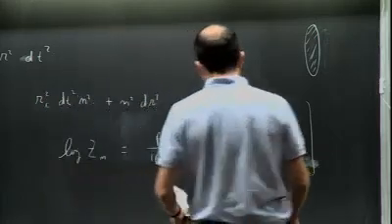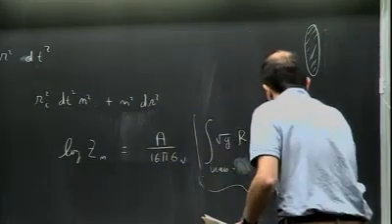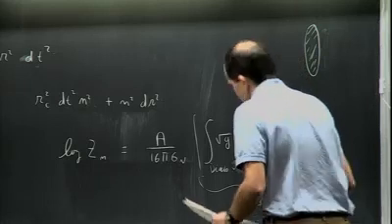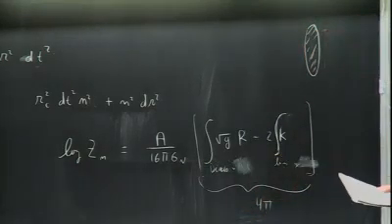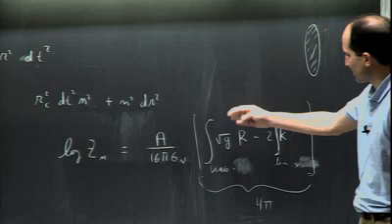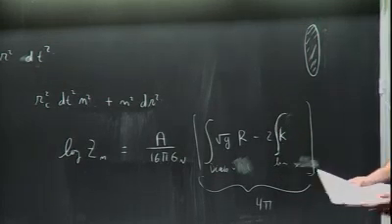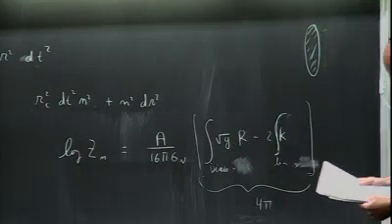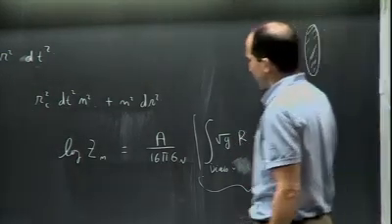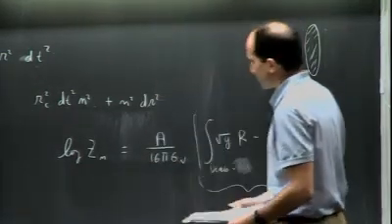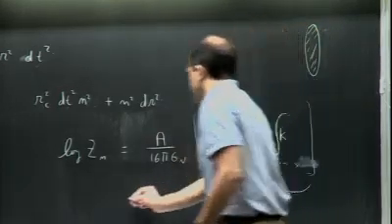And this is a number which is 4 pi. If you can compute it, or once you realize it's a topological invariant, you can take 2 disks and you get the sphere, and you calculate just this for the sphere. But anyway, that gives a factor of 4 pi, and that reproduces, of course, the area over 4 G Newton.